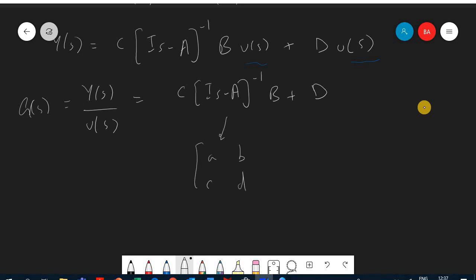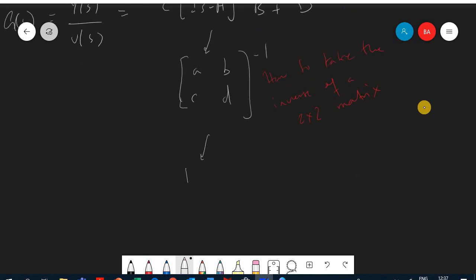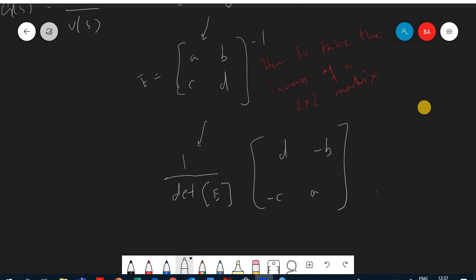The way to take the inverse of a 2 by 2 matrix is to take 1 over the determinant, if I call this E, times the matrix where you swap the diagonal elements and just change the sign of the off-diagonal ones. It's just something that you could memorize here.